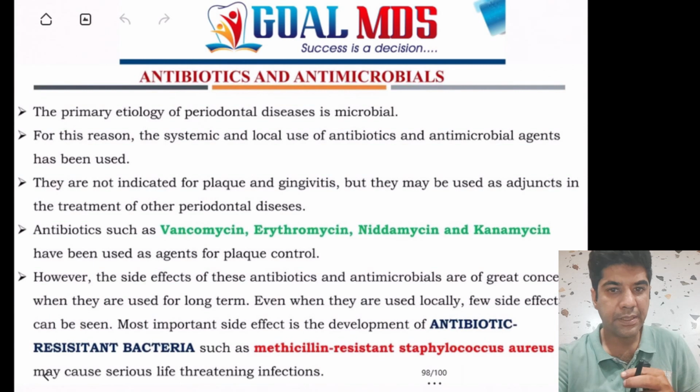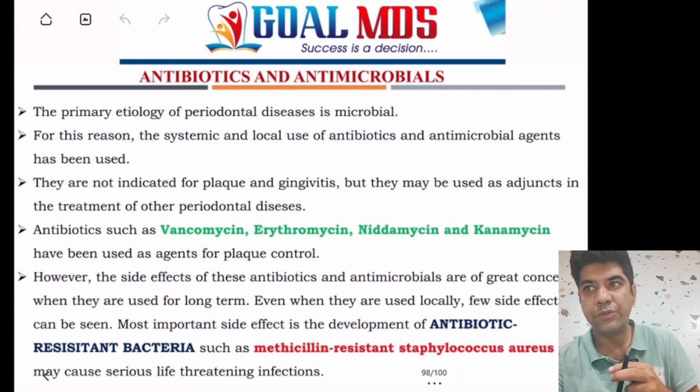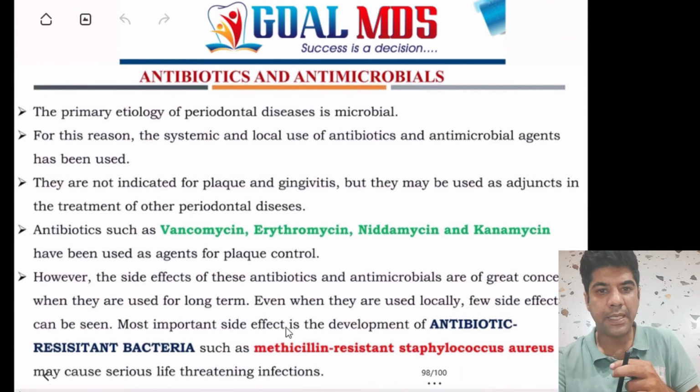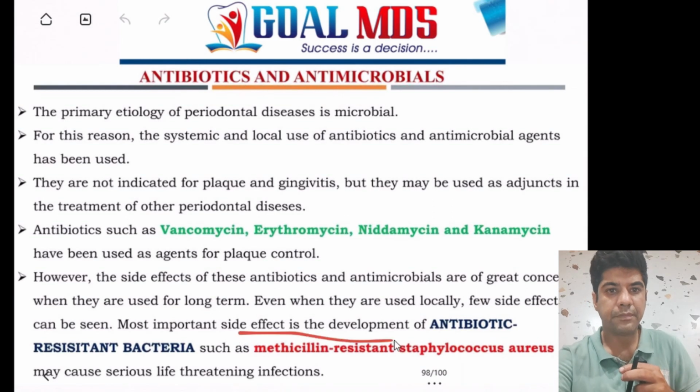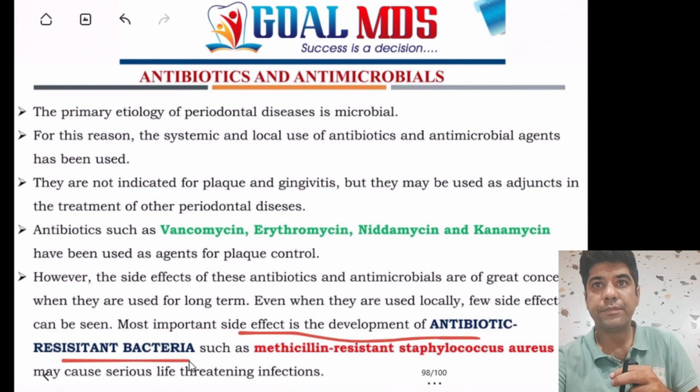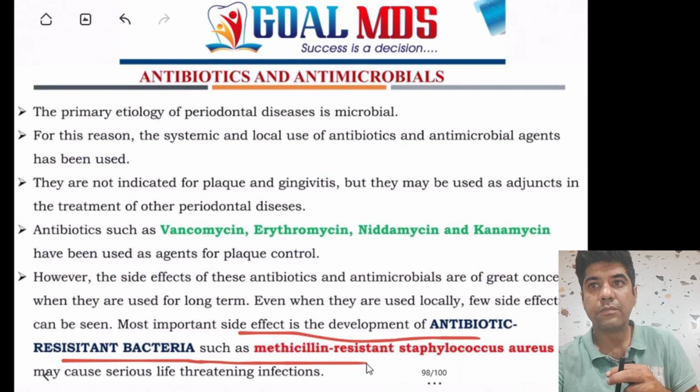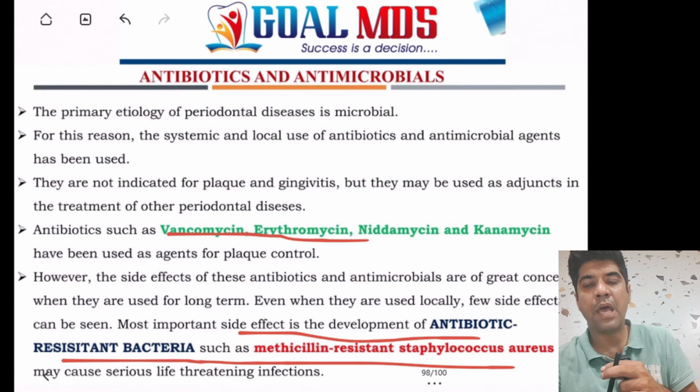Antibiotic agents are used to combat the bacteria. So the most important side effect is antibiotic resistant bacteria such as methicillin resistant Staphylococcus, which may cause serious or life-threatening infection.